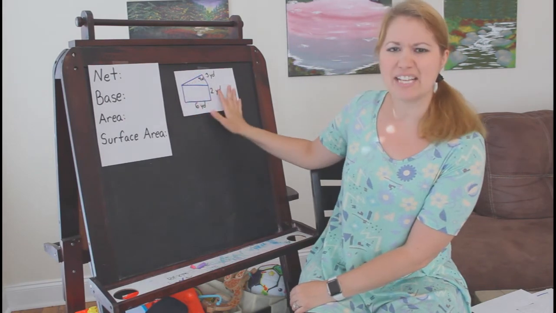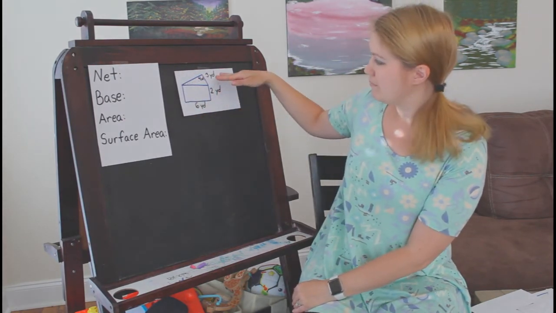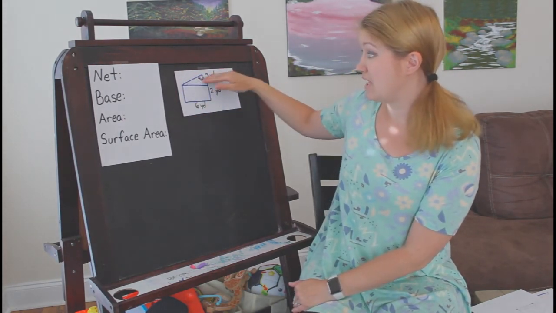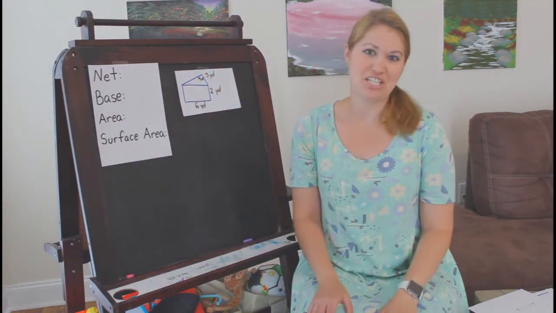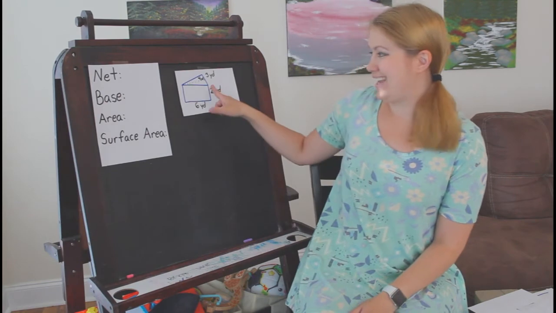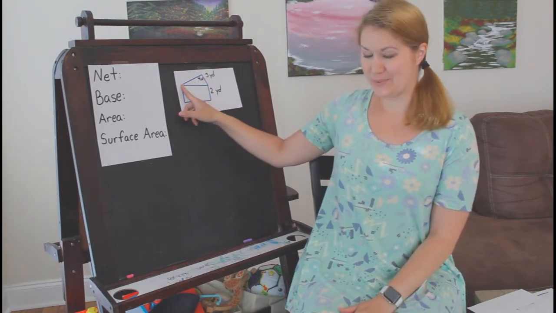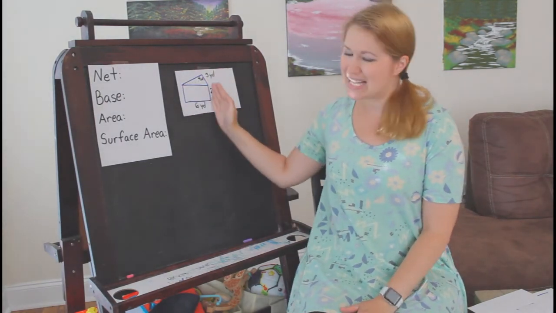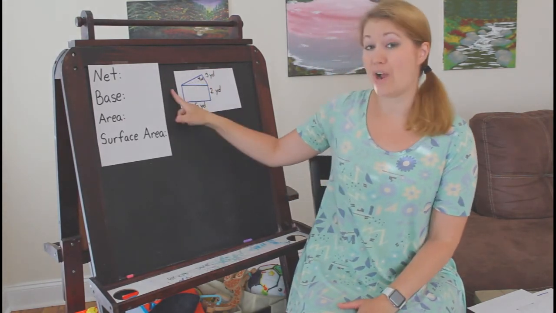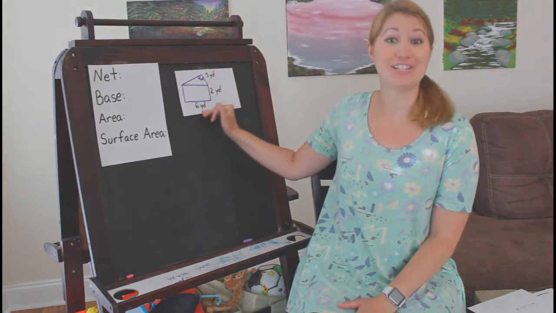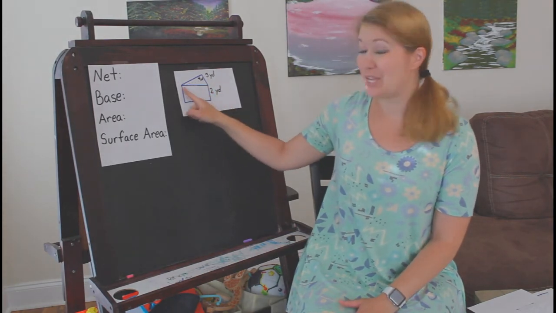So some sides are parallel, but some of them are triangles. So what do we do with this shape? It's made with triangles, and it has some sides that are parallel. So this one is a triangular prism.